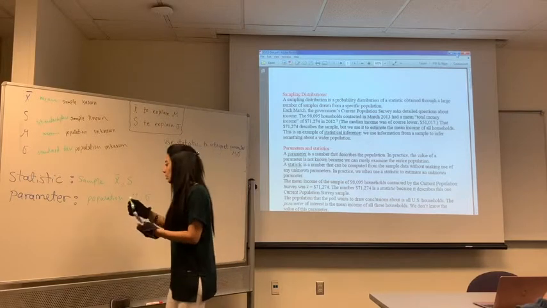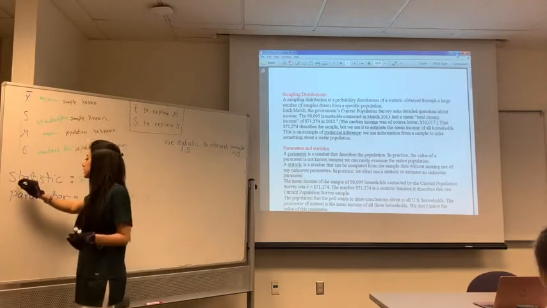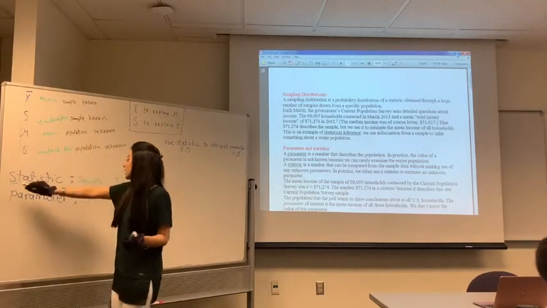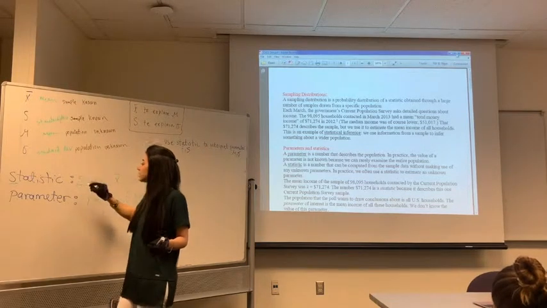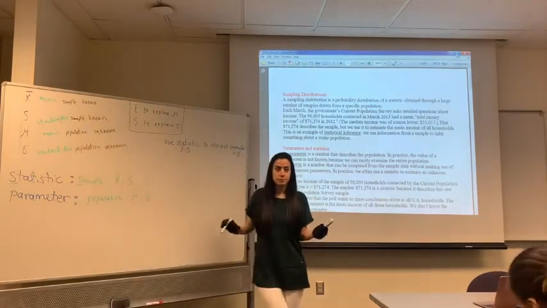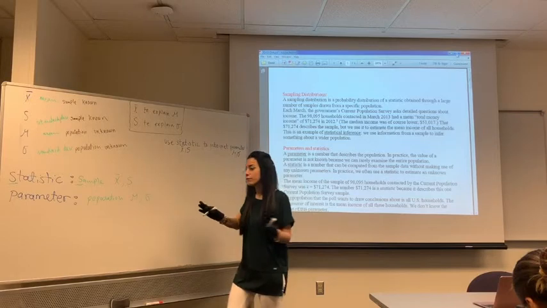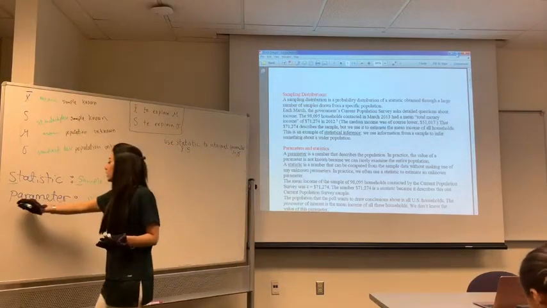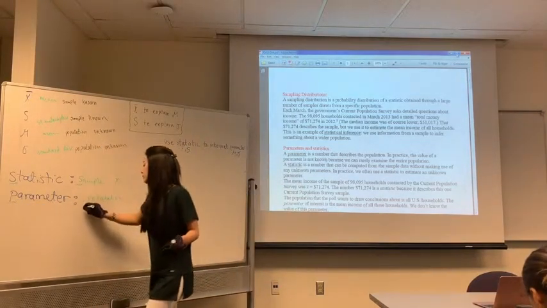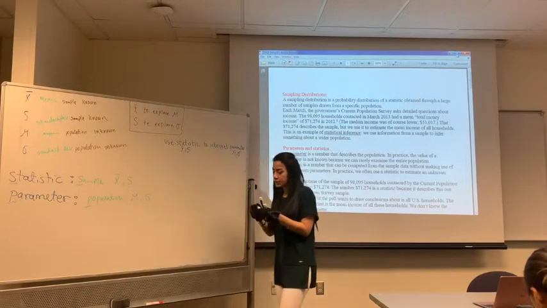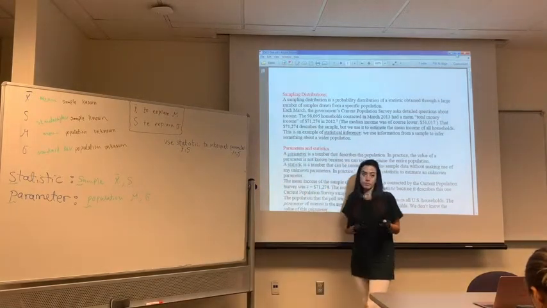So if you forget what a statistic is, S is similar to S from sample. So these are the information that comes from the sample. Parameter has a similar letter as population.